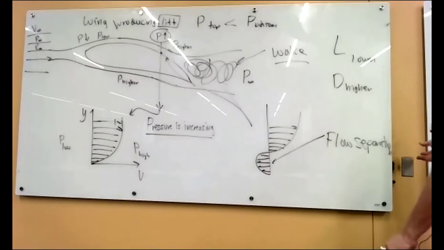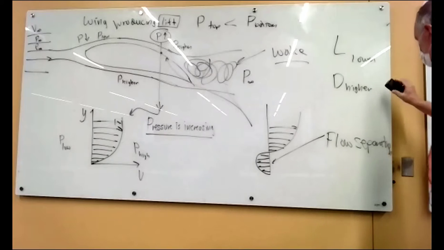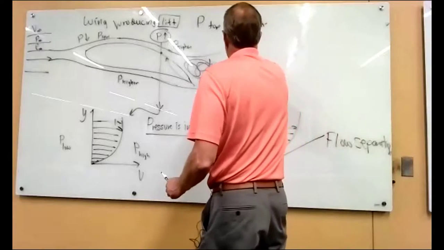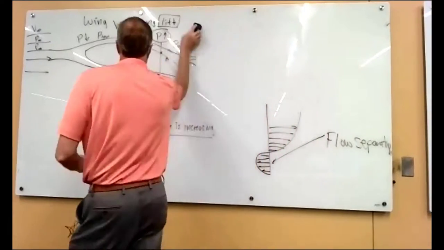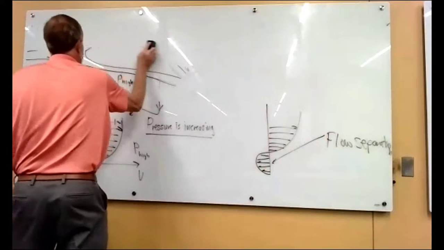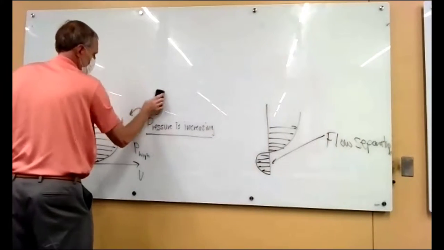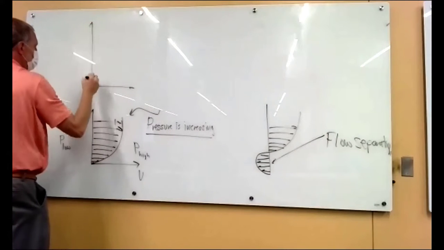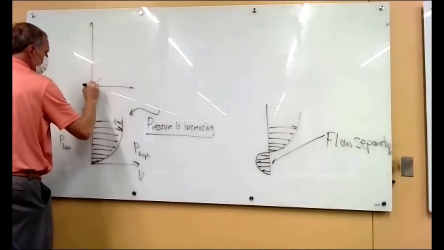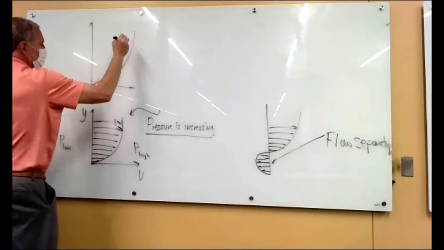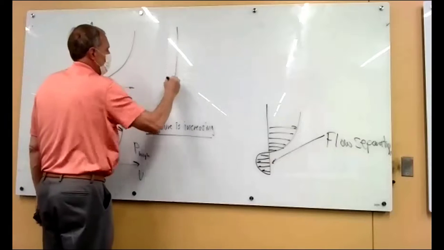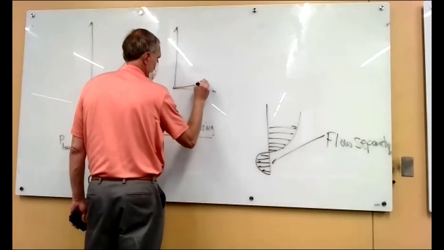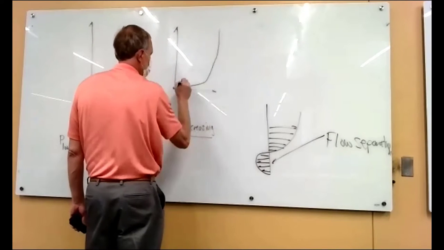Okay, last thing about this. Remember turbulent versus laminar boundary layer profiles, what they look like. So I'm going to draw them separately now. So a laminar profile looks like that. And a turbulent profile looks like that.